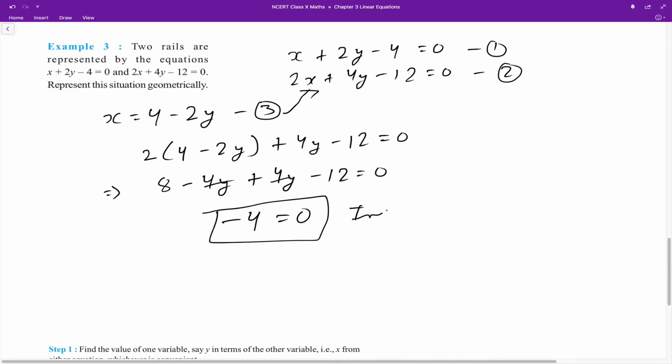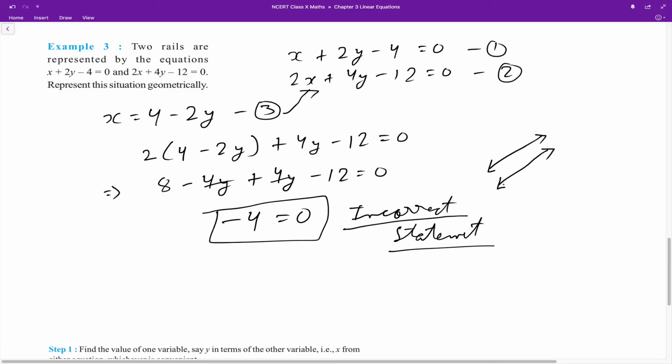So what do we get? We get an incorrect statement. What does this mean? This means that there is no solution for this pair of linear equations. And as we had represented earlier, these two lines are indeed parallel, and there will be no solution.